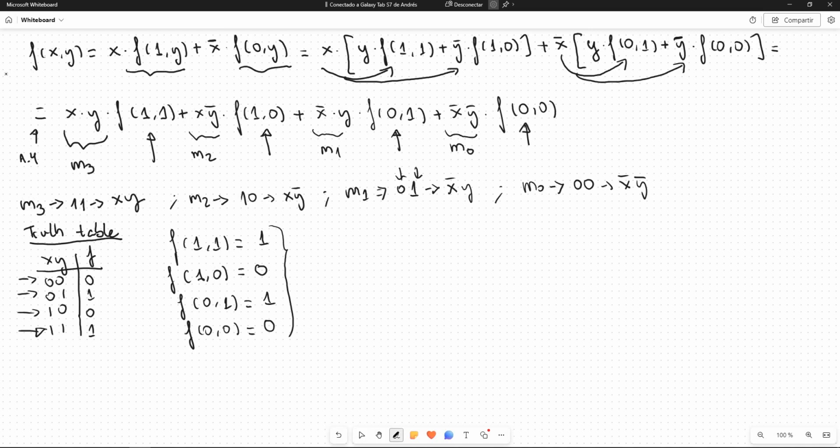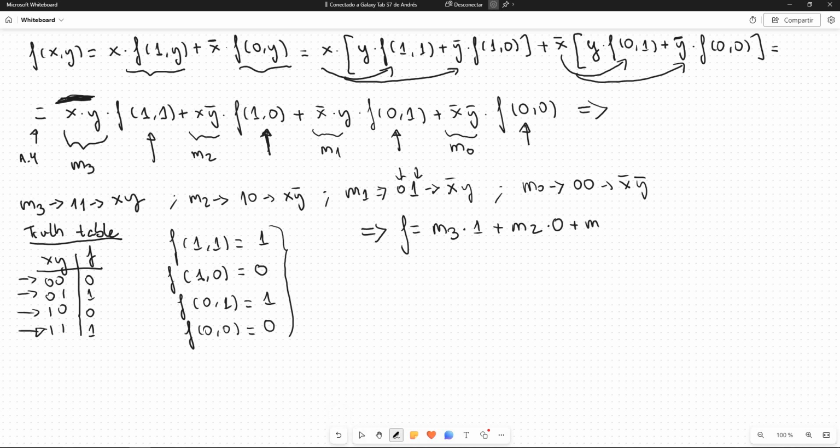And what happens? We are going to continue here. We have min term 3. I'm going to use the min term terminology instead of the algebraic term. Min term 3 is multiplied by 1 plus min term 2 that is multiplied by 0. I'm just using the values here, okay?